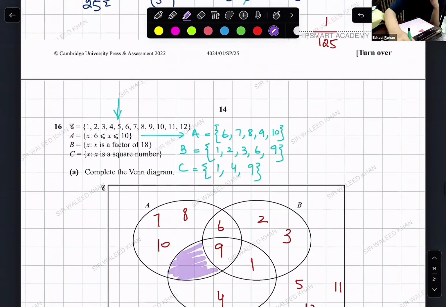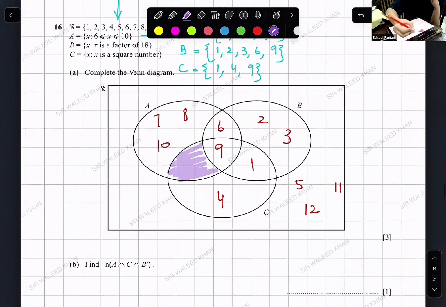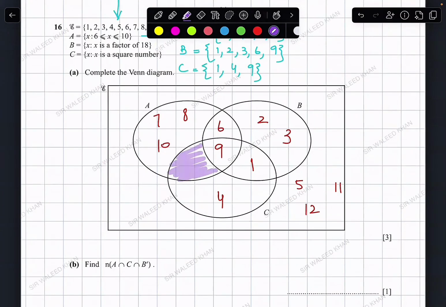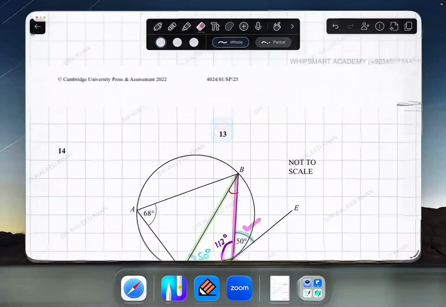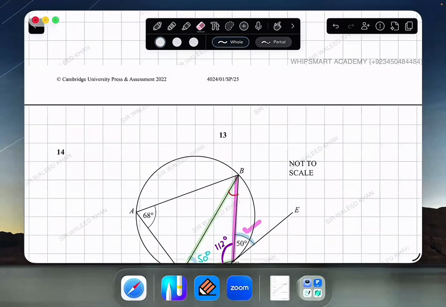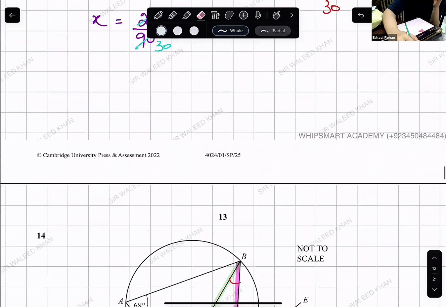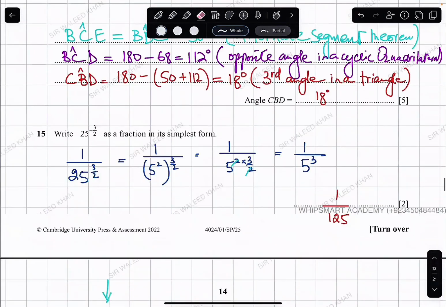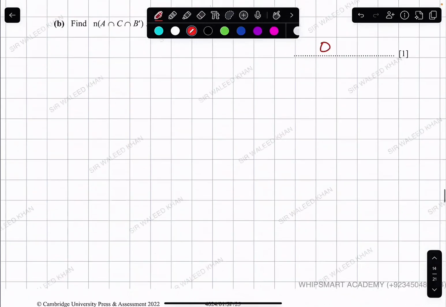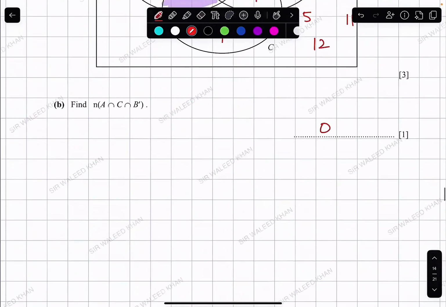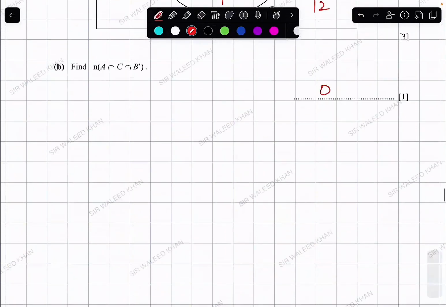So what should I write? Empty set. It's an empty set, right? But they are asking about the number of elements, or numbers? So how many numbers? 0. Got it? There is a difference between elements and numbers.